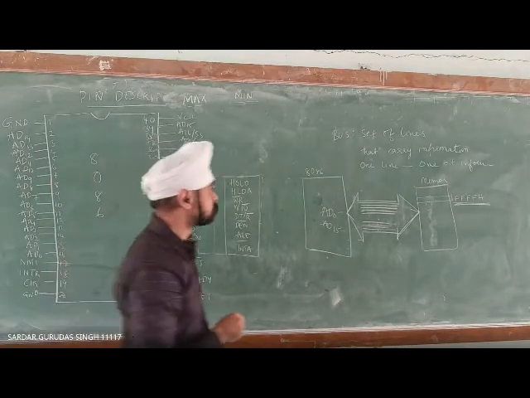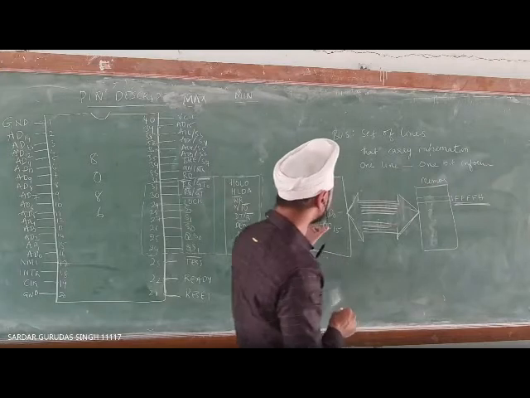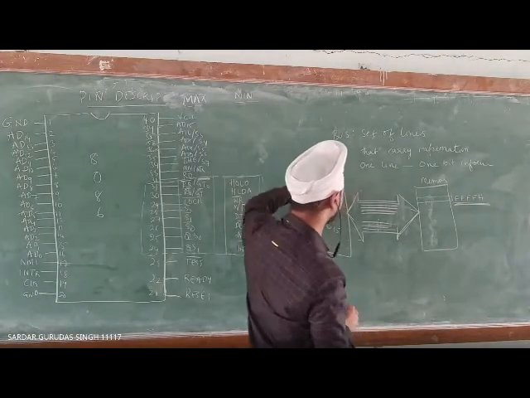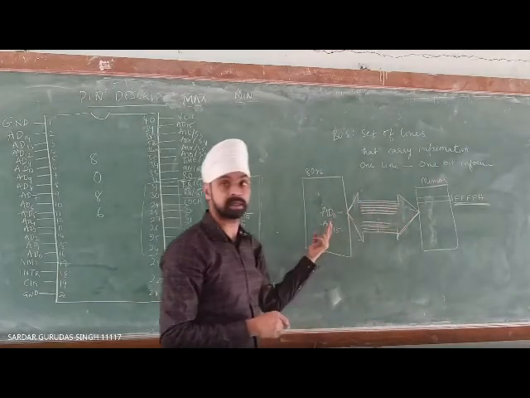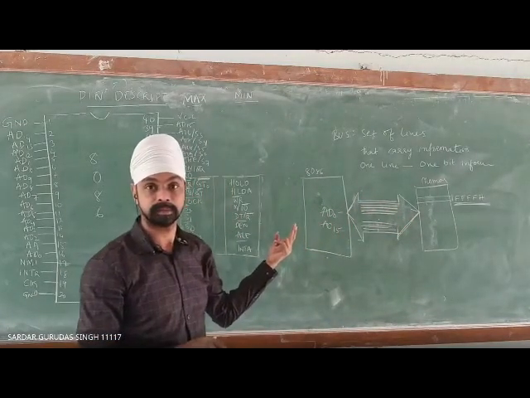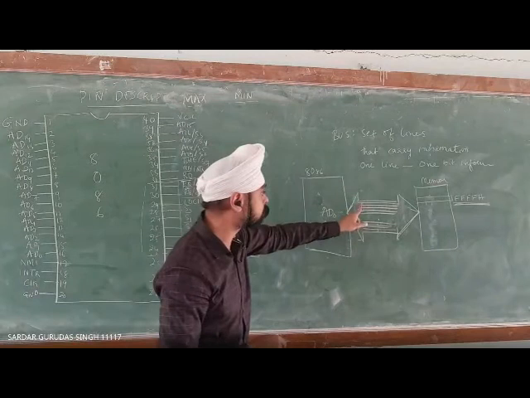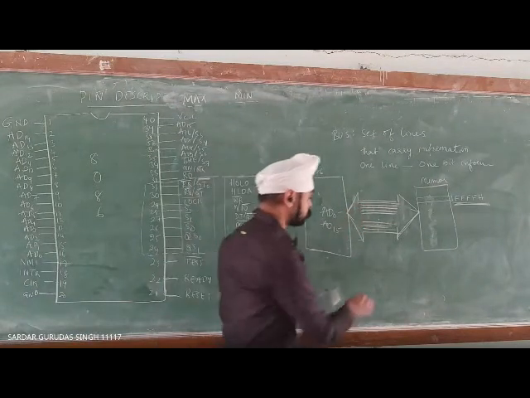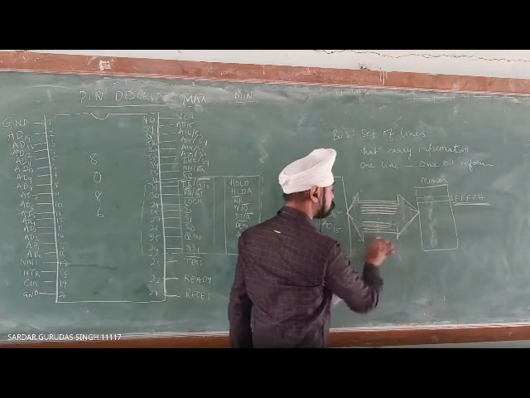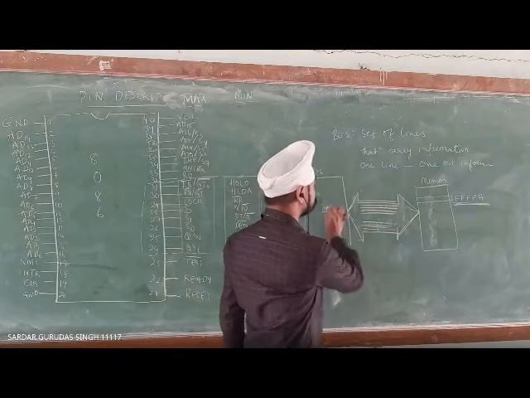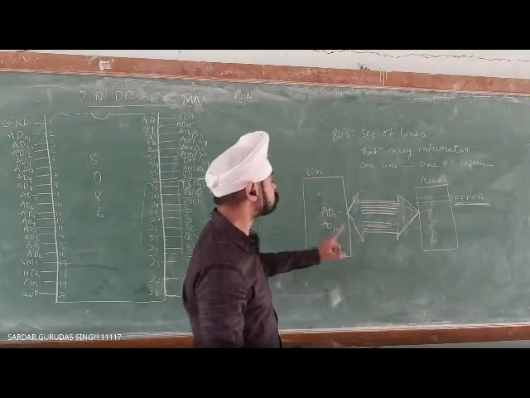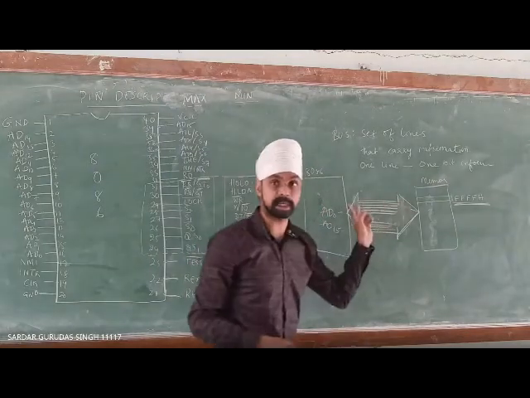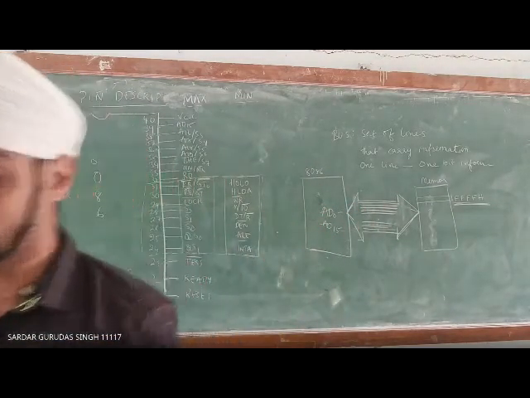Okay? So, what needs to be done? At a certain time, the address needs to be sent, and at a certain time, the data must be sent. Both cannot be available on the same line. At some particular time, address is available on this bus, and at some particular time, the data is available on this bus.